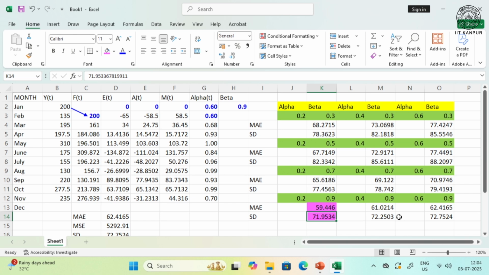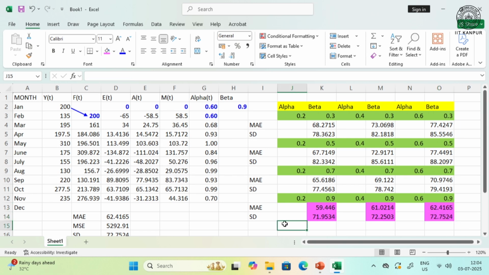If I consider the minimum values corresponding to 0.4 and 0.9, again these are minimum for those values, and the same for 0.6 and 0.9.